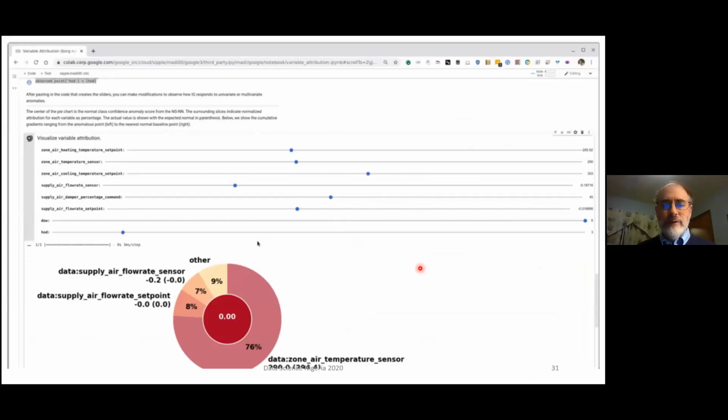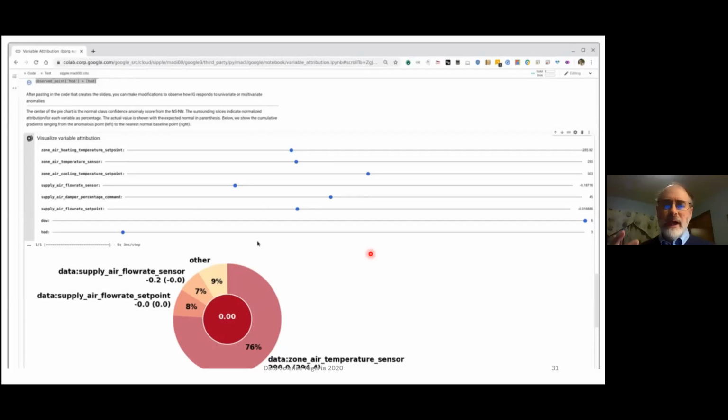If you drill down on one of those, you get an explanation that says this anomaly score, it's actually not a very anomalous score here, but can be attributed to these different sensors with these probabilities. And he also gives a visualization in terms of the typical range of these things.